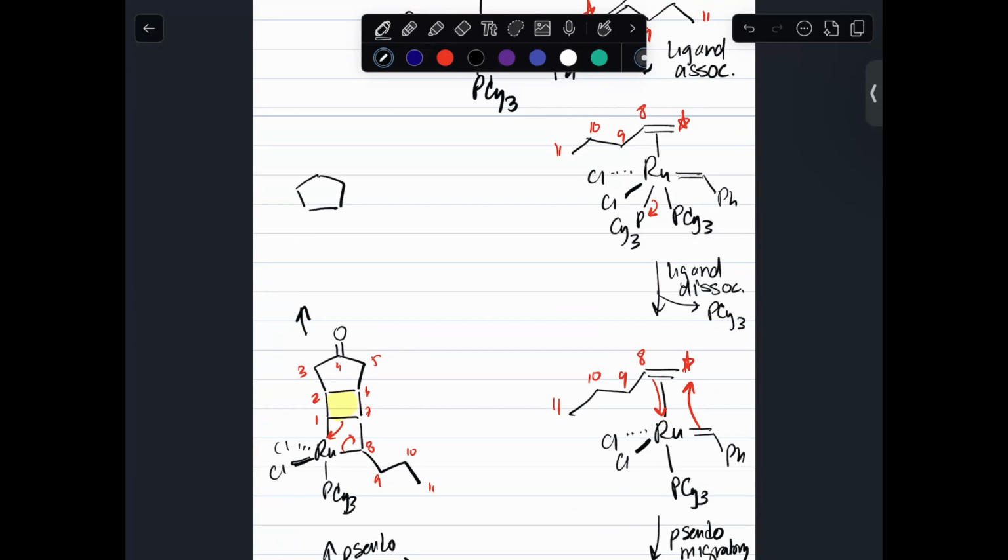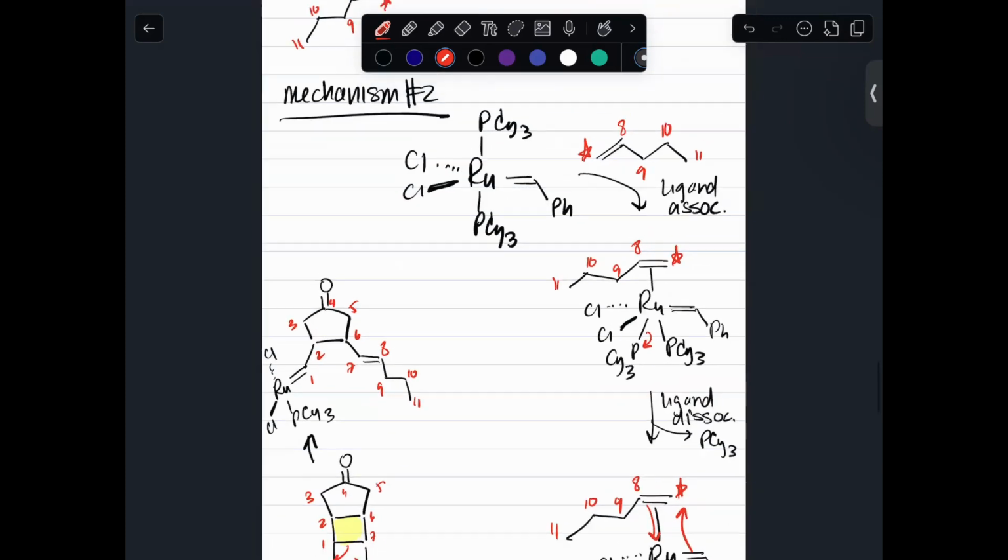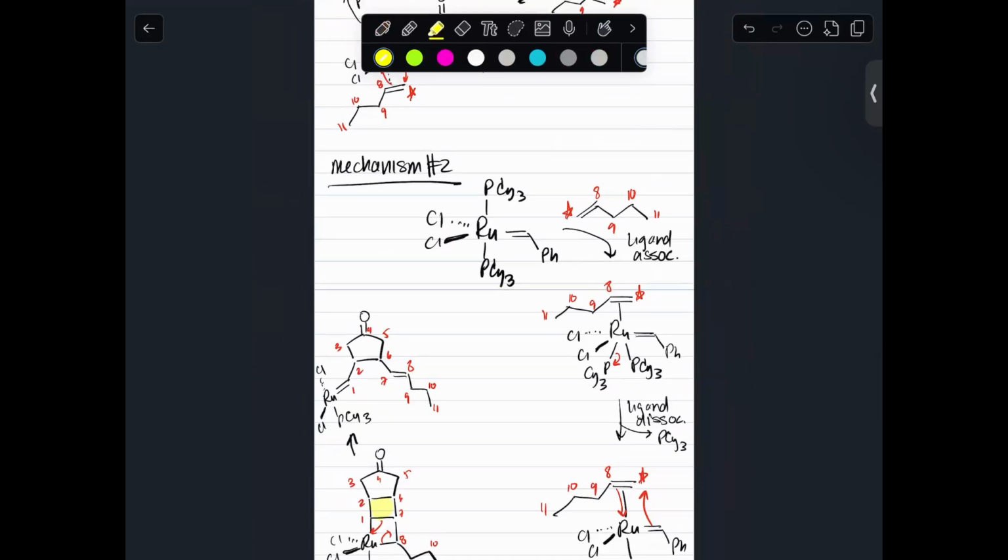I might be running out of space. So I might have to move the mechanism further down. Let me number. Again, please notice that the right side is done.